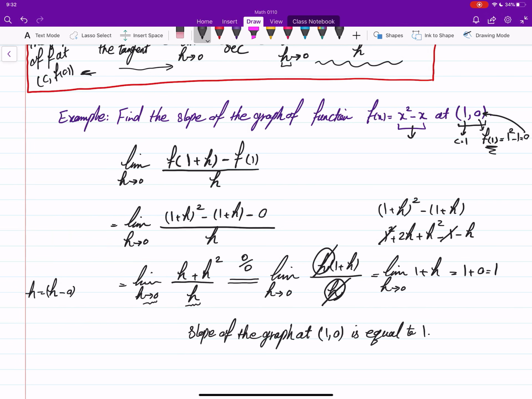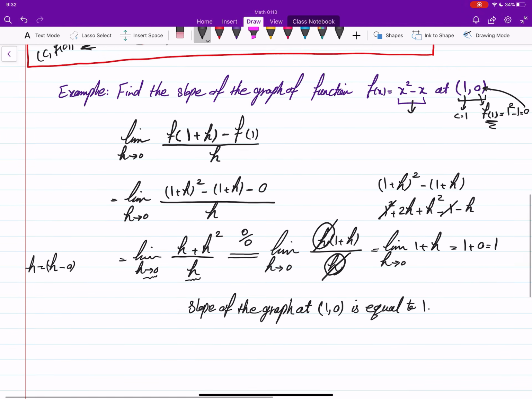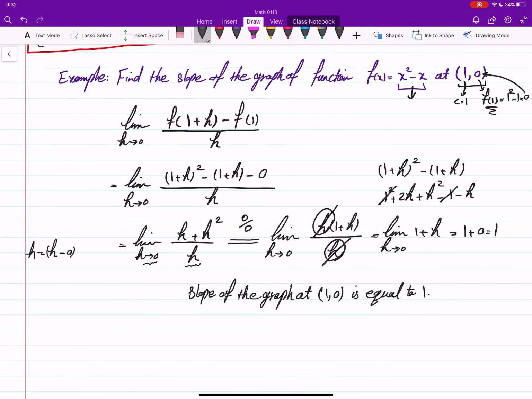One can go a little bit further and say that, now that you have a slope and you have a point, why don't you write an equation for the line? So we can find an equation for the tangent line.